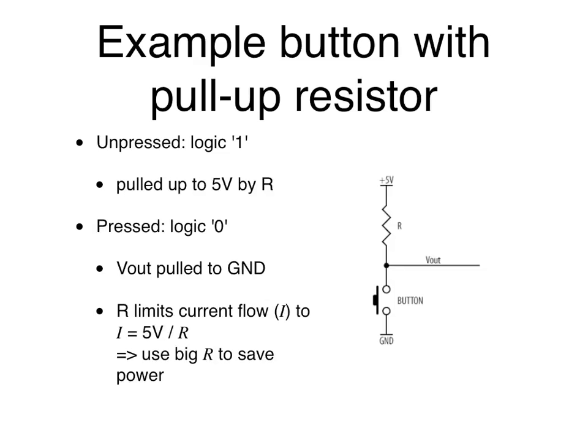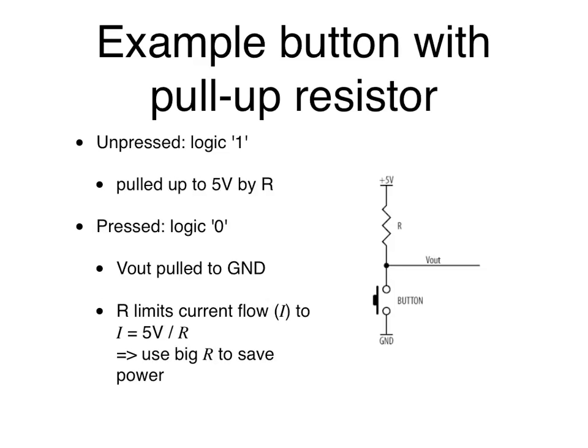One end is attached to ground. The other end, on the upper side, is attached to a pull-up resistor. And the value you read out is basically at the end that connects the pull-up and the button.